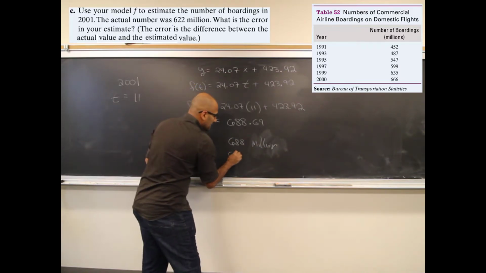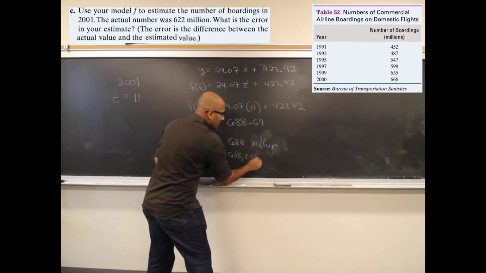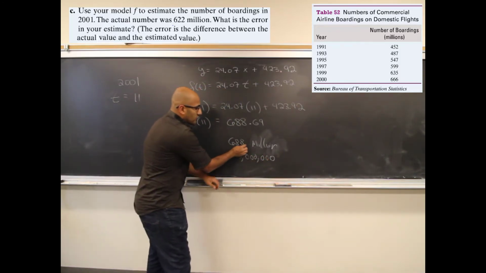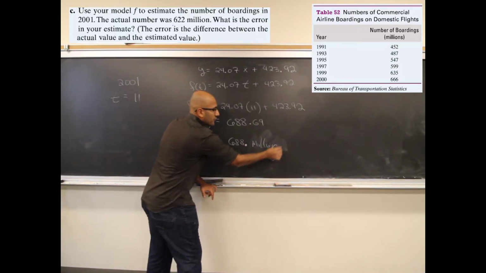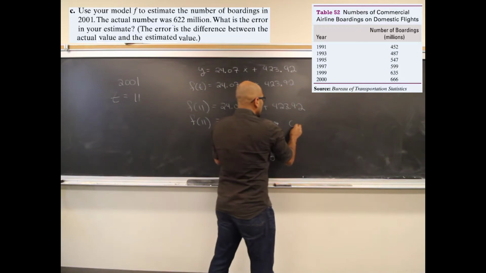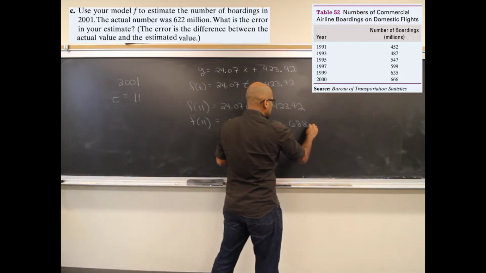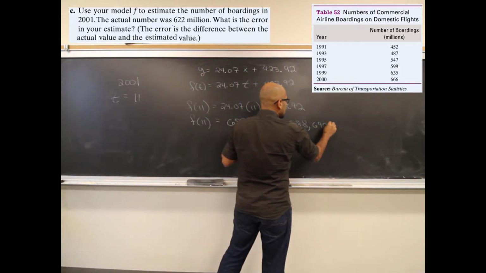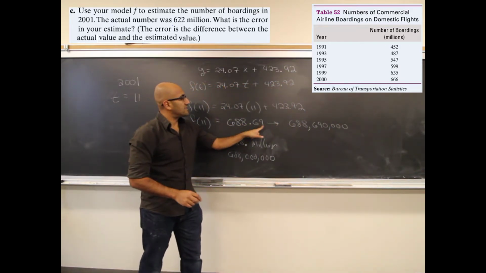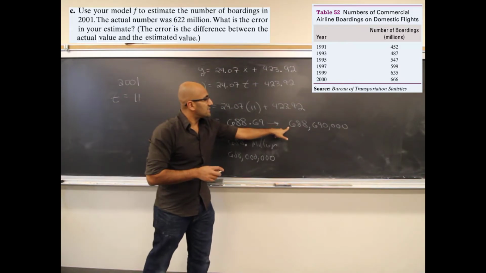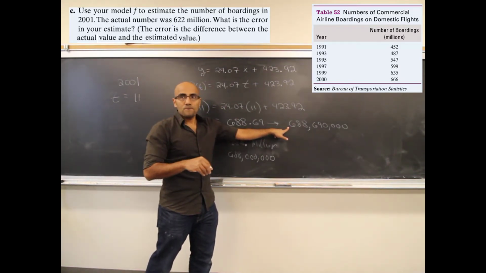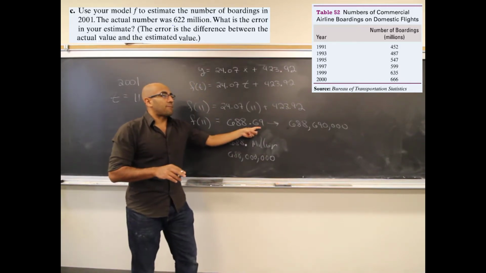So we moved the decimal over 6 spaces and added those zeros. So 688.69 million is really 688,690,000.